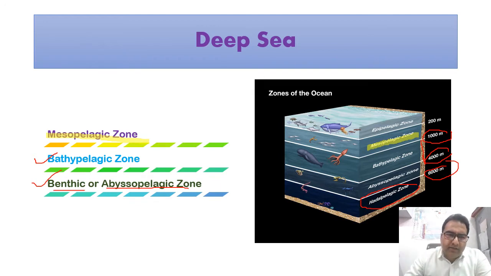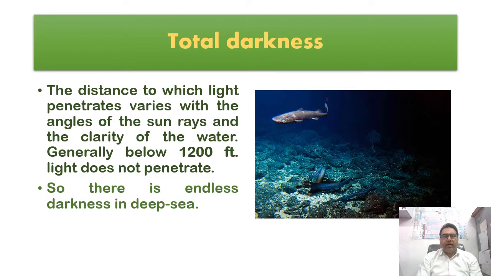So we do have different zones according to the depth. We call them the mesopelagic zone, bathypelagic zone, benthic or abyssopelagic zone, and below 6000 meter the hadal pelagic zone.